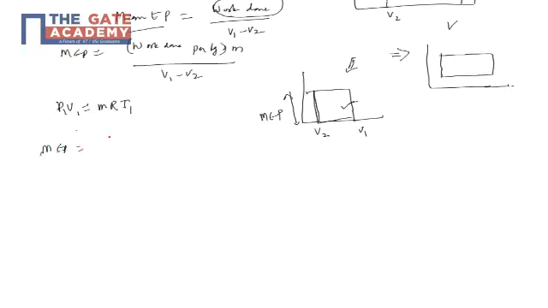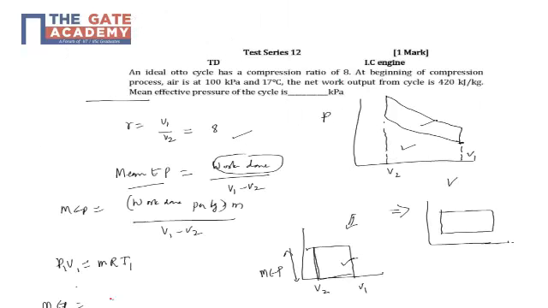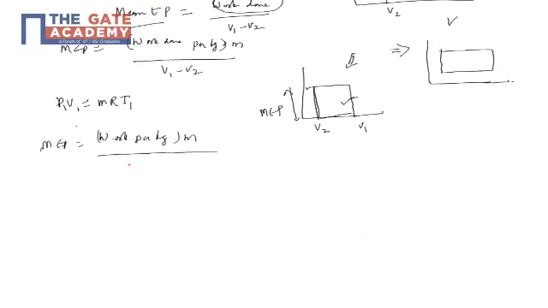MEP is work done per kg, which is given as 420, into mass m, by volume V1, which can be written as mRT1 by P1, and minus V2, which is V1 by 8, so it's mRT1 by 8 P1.